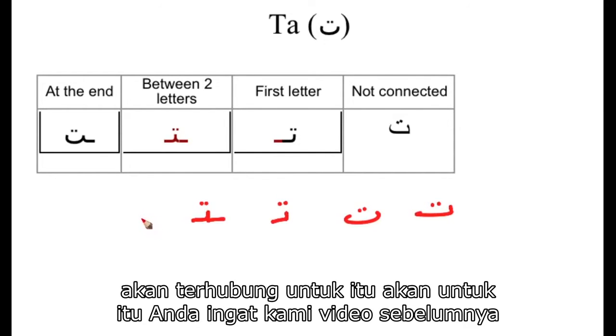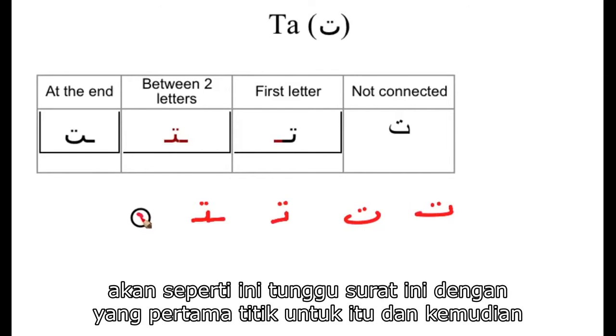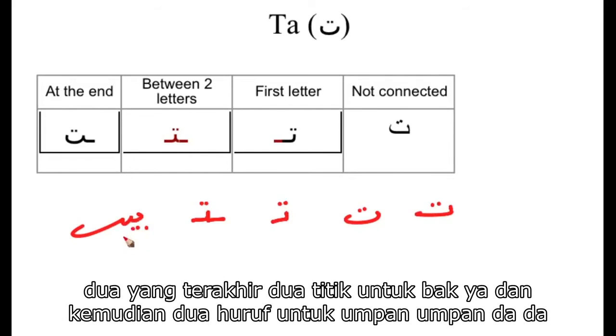You remember in the video before this one, we wrote the word bait. Bait has the letter Ta at the end, so it's going to be like this, bait. This is letter Ba, the first one, the dot for it, and then the two dots for the letter Ya, and then two dots for the Ta.